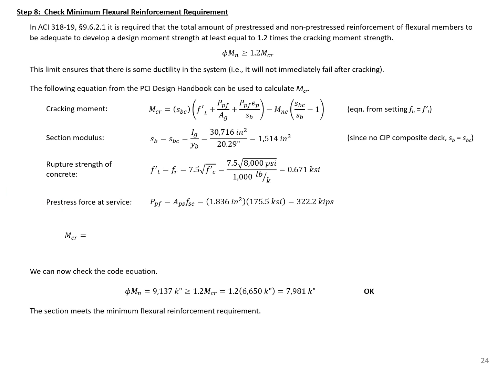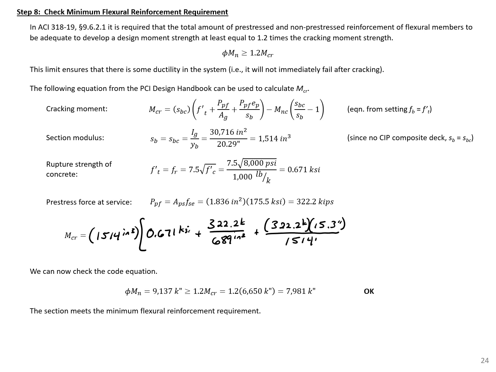Plugging in our different values, we can find M_cr equal to 1,514 inches cubed times 0.671 ksi plus 322.2 kips divided by 689 square inches plus 322.2 times 15.3 divided by 1,514 inches cubed.